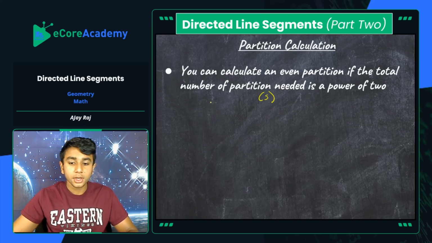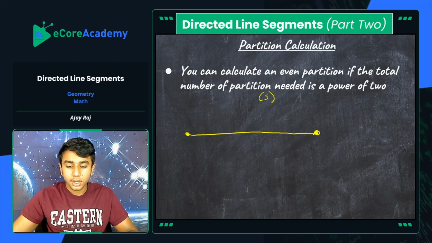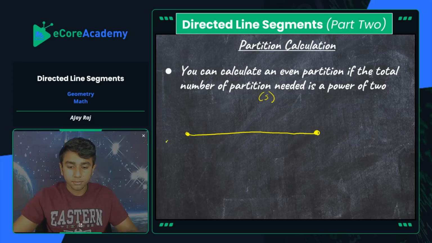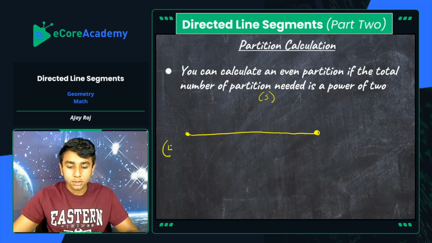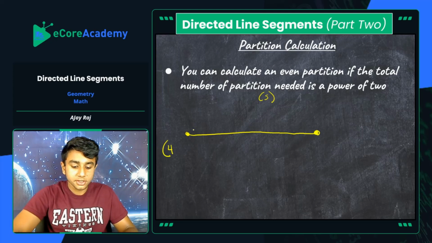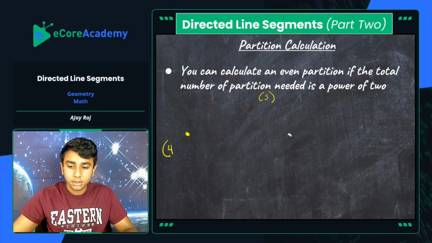So say, for example, we have this line segment here, and I'm going to put the coordinates. Keep in mind, this is mainly for diagonal lines.